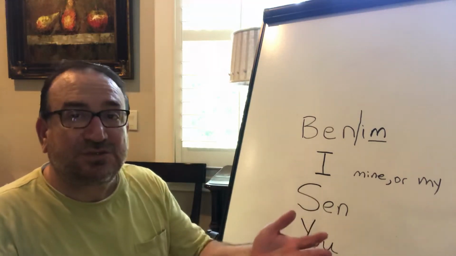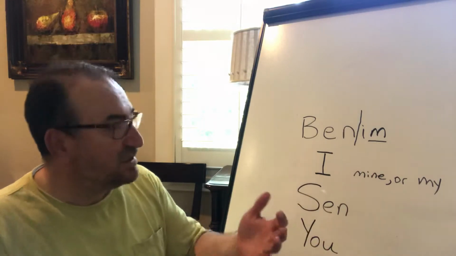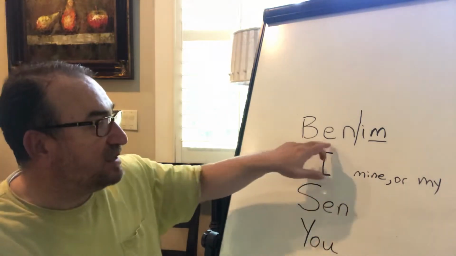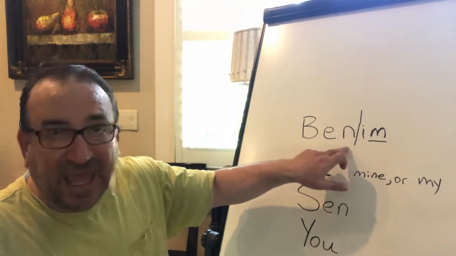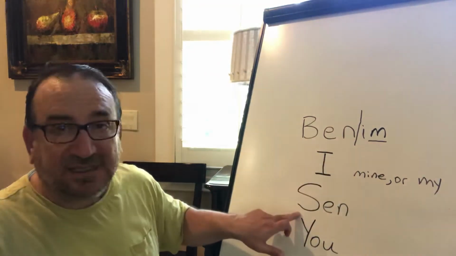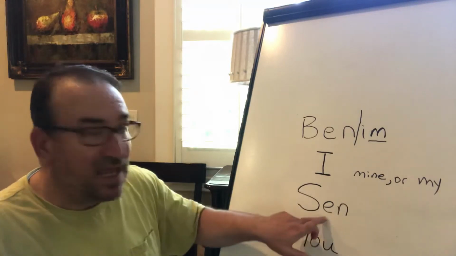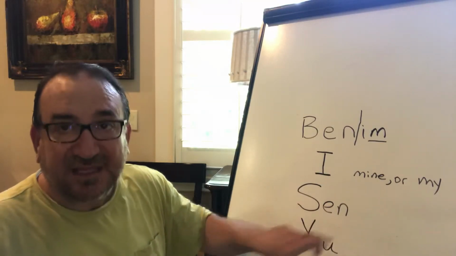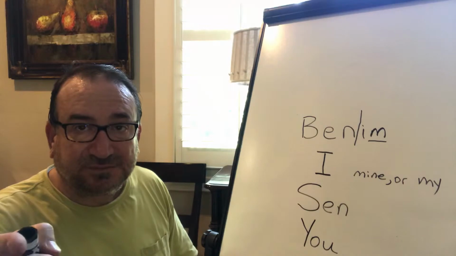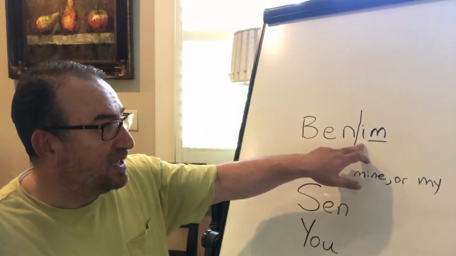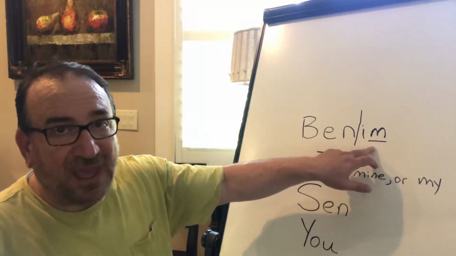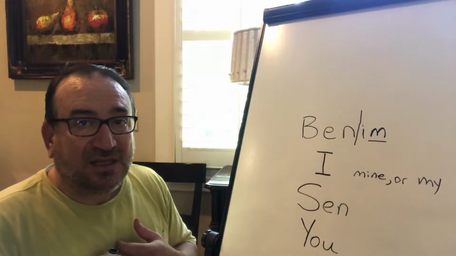So let's get used to the alphabet of ben: be, e, ne. Sen: se, e, ne. Sen. Now, we added e, me to make it mine.